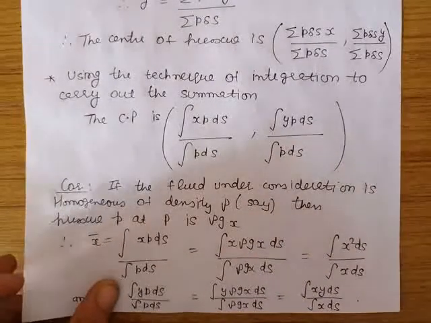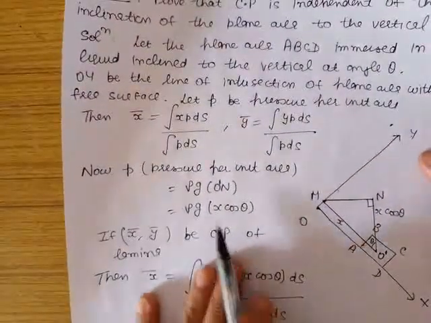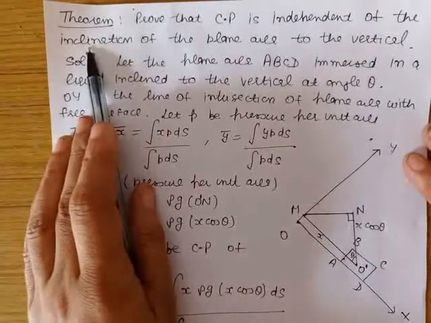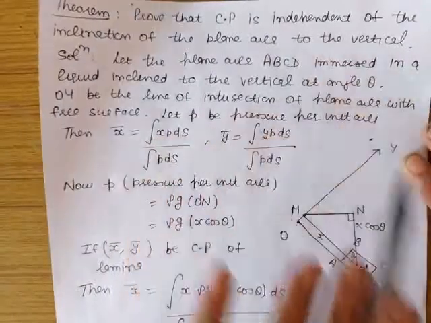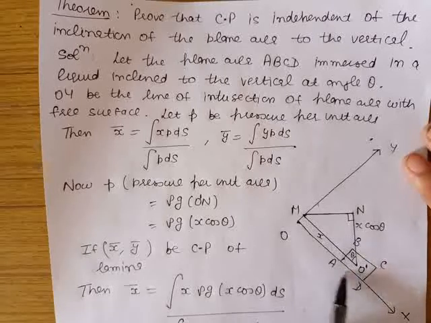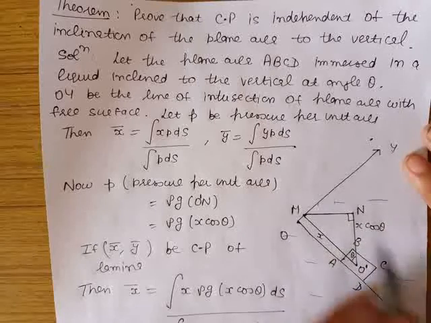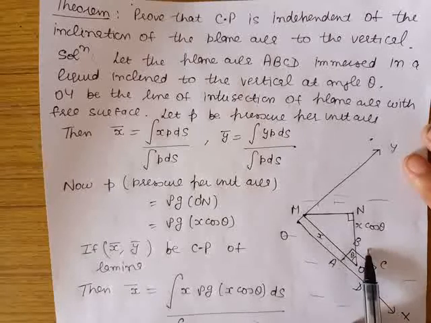Now, our next article is to prove that the center of pressure is independent of inclination of the plane area to the vertical. To prove this, let us consider this ABCD is a plane area which is immersed in a fluid and it is inclined at angle theta to the vertical.